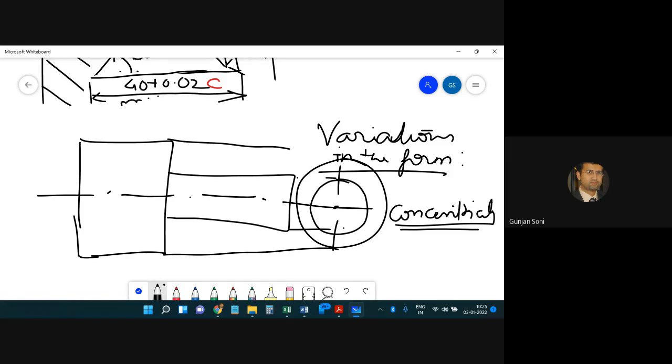Besides concentricity, is it possible to have 100% circularity? They'll be elliptical to some extent, to a very minor extent maybe, but they'll be elliptical. Okay, slightly.